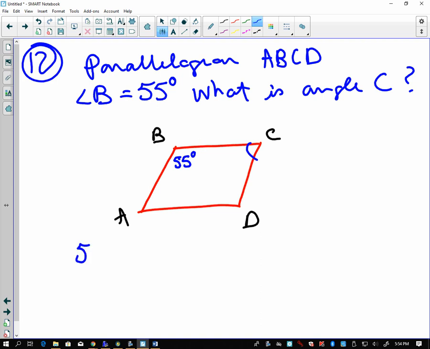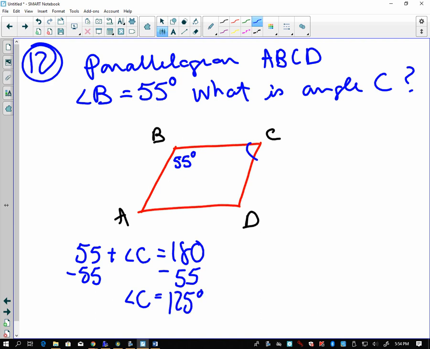So 55 plus angle C equals 180. I'm going to subtract 55 from 180. Angle C, 180 minus 55 should give me 125 degrees.